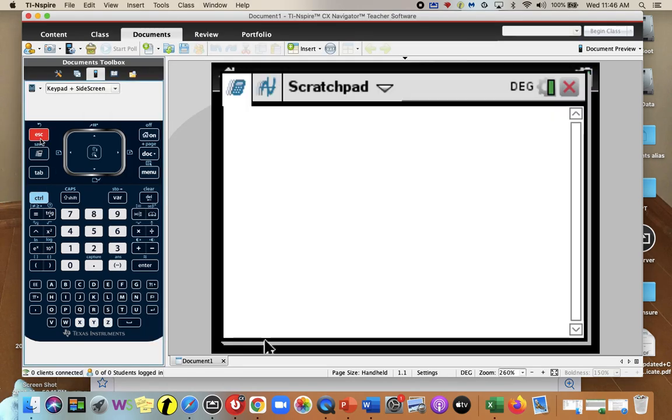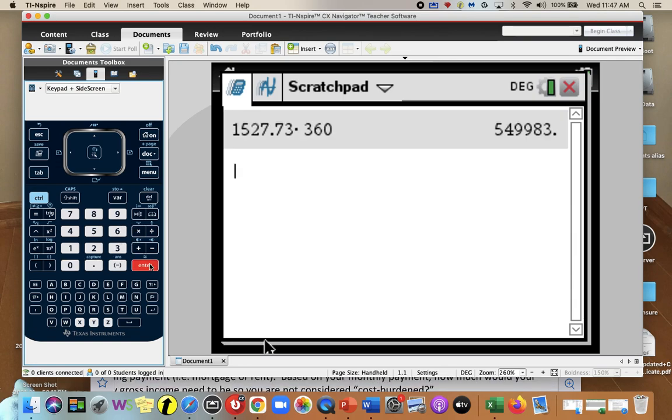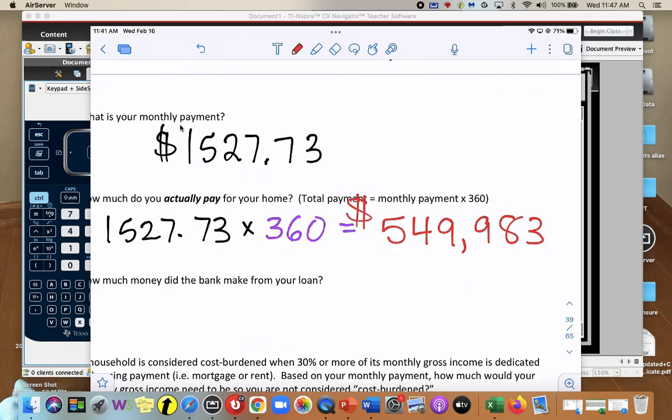So I'll hit escape to get out of here. $1,527.73 times our 30-year mortgage. Look at what we're paying for this house. It's a huge number, over $500,000 for this house that costs $320,000. Like the bank is making a lot of money off of us, almost double the amount.